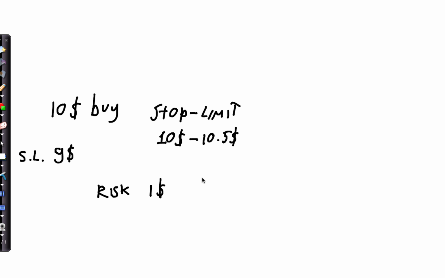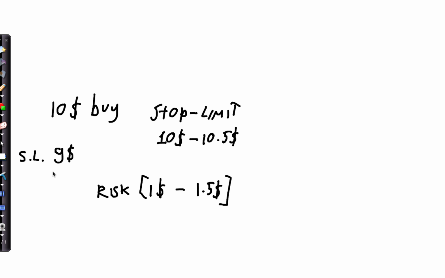If I buy at 10.5, my risk is $1.5. So at least I have an idea about the range of risk that I am taking. And usually what I do as a rule of thumb is to take the middle point, so in this case 10.25, and then estimate my risk per trade using this middle point. So in this case it will be 1.25. Okay. Then of course when the order is triggered, only then you will see what is the real risk you took. But at least with the stop limit you can have a better idea.